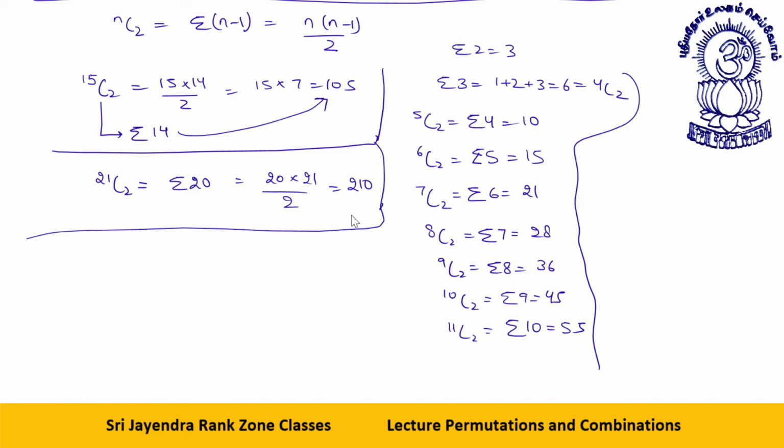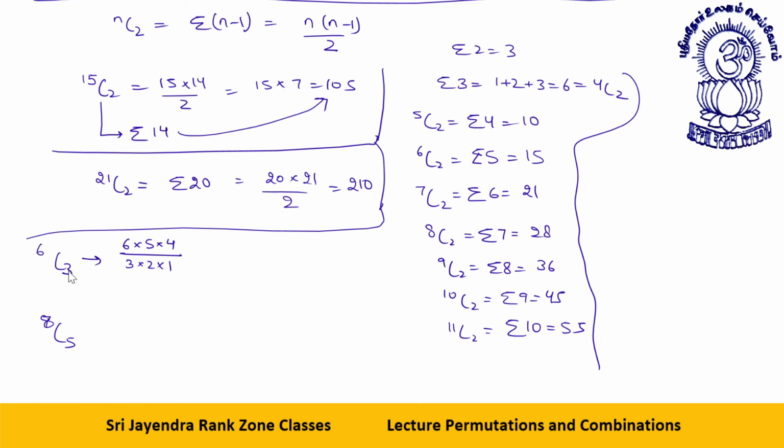Okay. Then the next thing is, suppose I write nCr, how will you calculate this value? Or suppose I write 8C5, how will you solve this? See, the moment I write 8C5, you could use the nCr formula, but a better way is 8C3: 8 into 7 into 6 divided by 3 into 2 into 1.